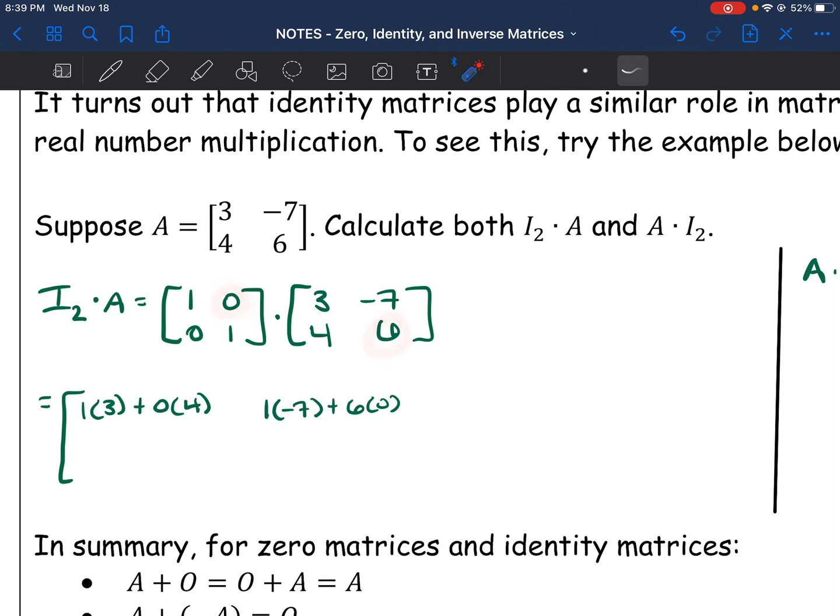Then we're going to have 0 times 3 plus 1 times 4. And then we're going to have 0 times -7 plus 1 times 6.